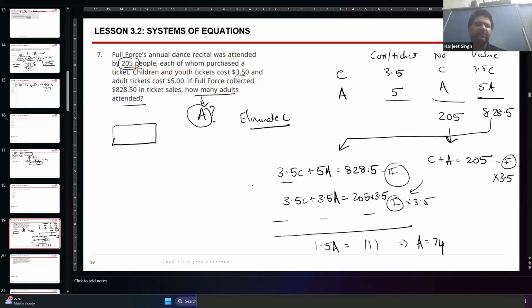74. Yes, correct, 74. So whichever variable you require, retain that, and eliminate the other. So here we need to retain A, eliminate C. So we combine 1 with 2 such that I multiply 1 by 3.5 because that's the coefficient of C in the second equation, and then subtract the two equations and we get A is equal to 74, right?